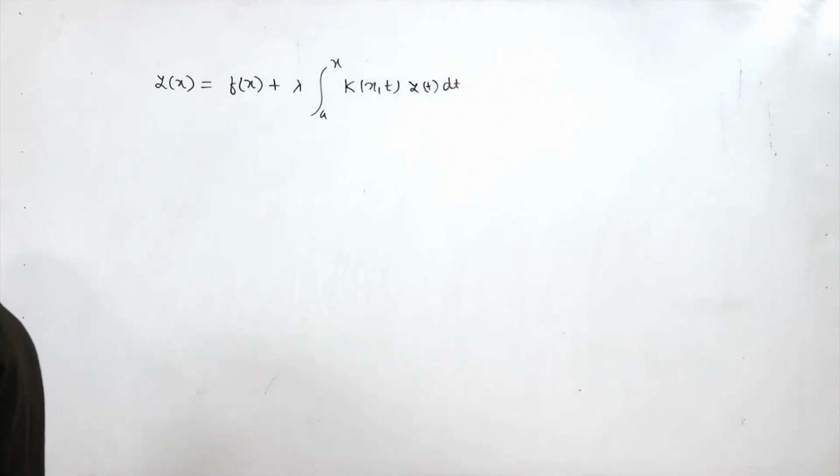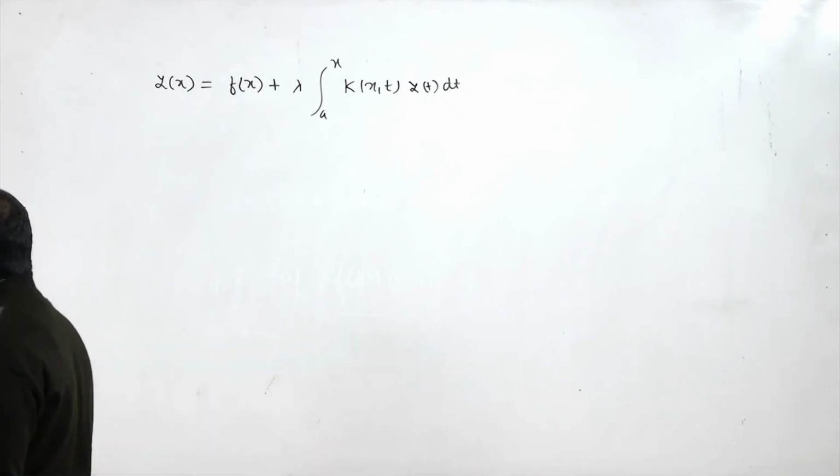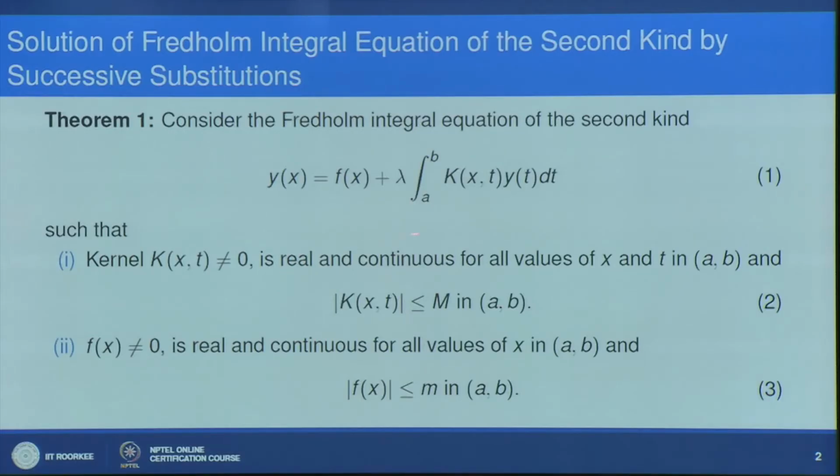So here we are assuming the same conditions. What conditions are we assuming? We are assuming that the kernel is real and continuous for all values of x and t in [a,b], having bound capital M, which is the upper bound of modulus of k(x,t), and f(x) is also real and continuous and satisfying its bound.